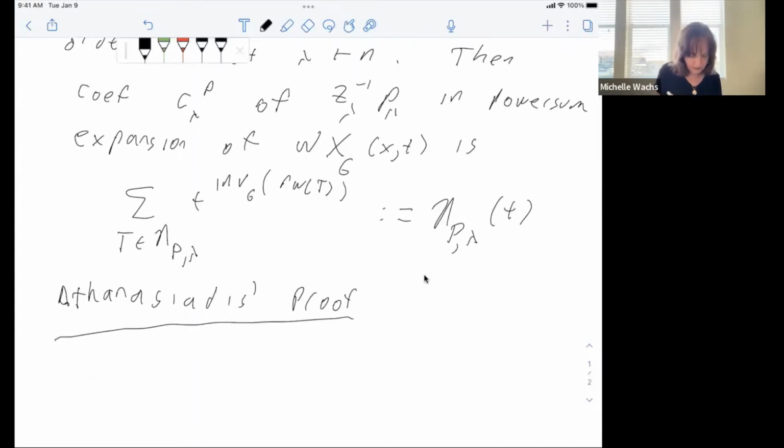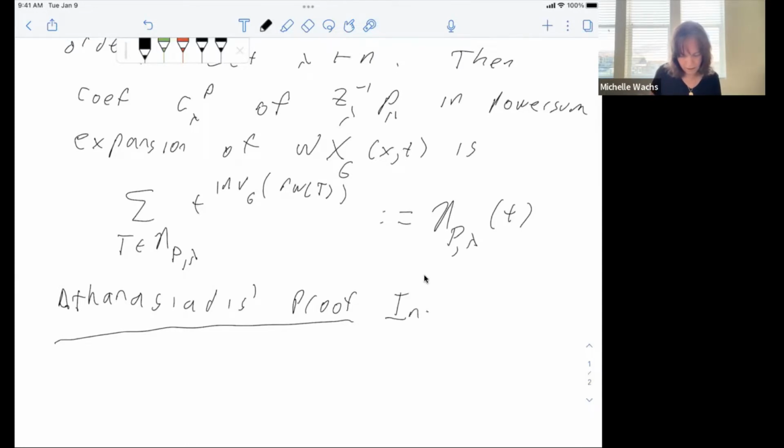So the ingredients. One, an observation. So three things that came from our paper.